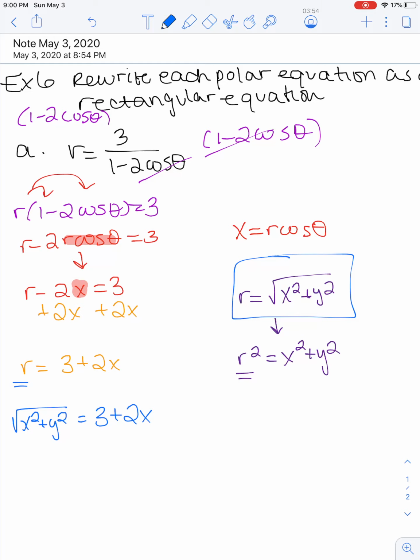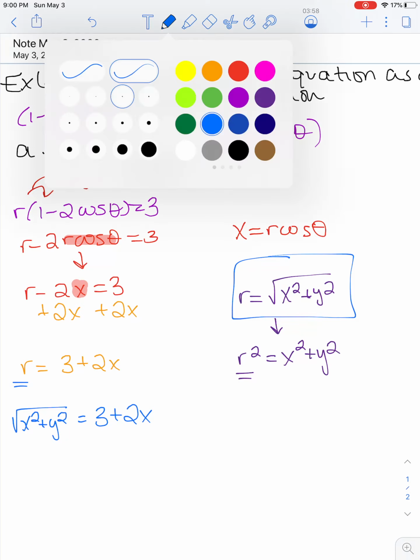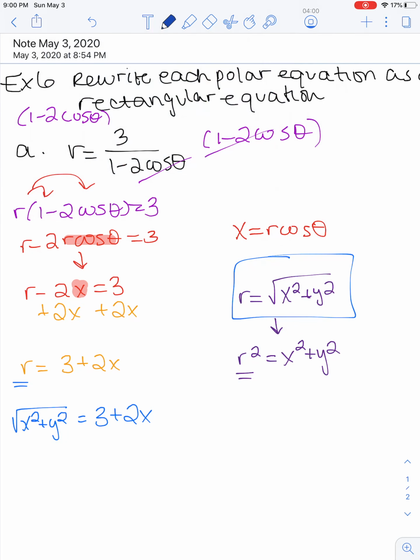We typically don't see equations written with that square root, so we can actually simplify this just a bit more. We can go ahead and square both sides and see that this is x squared plus y squared equals 3 plus 2x quantity squared. Now, either one is correct, right?